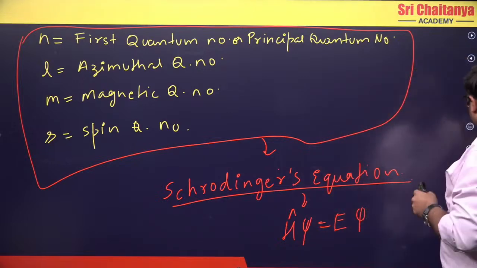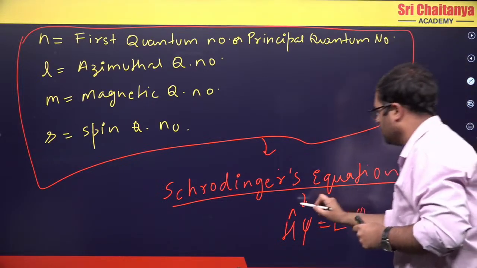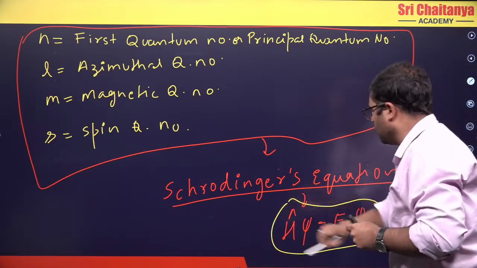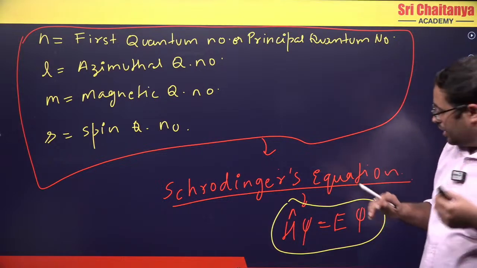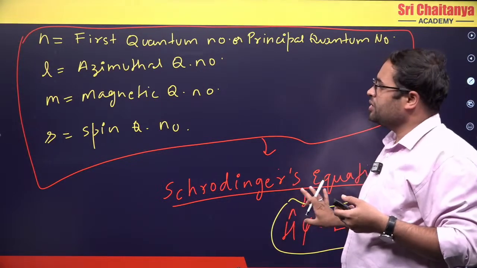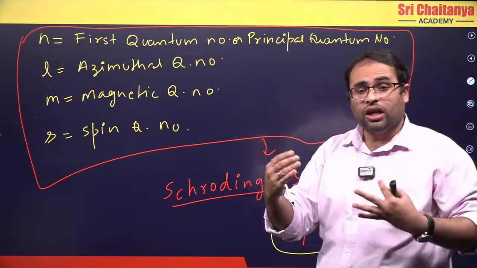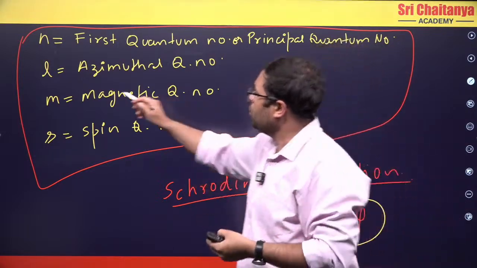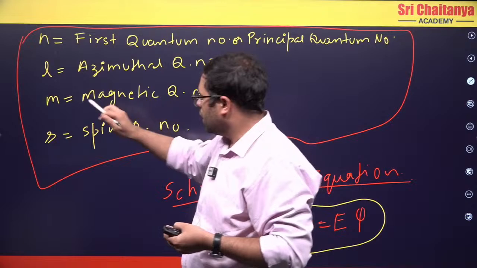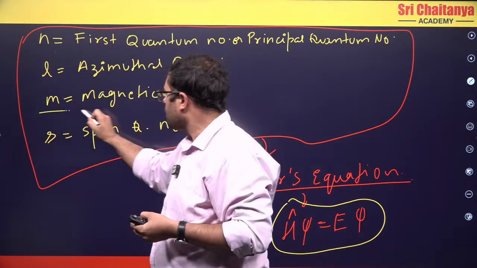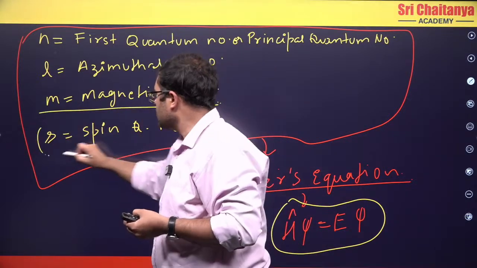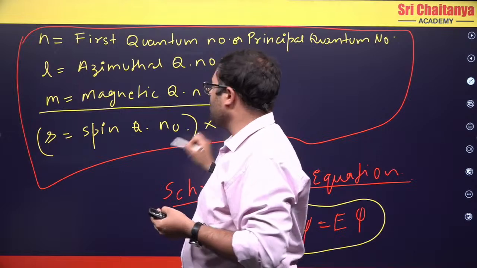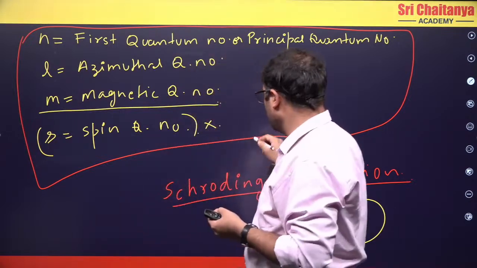Right? And if you solve this equation, during solving these equations to get the solutions, you are, by mathematics itself, forced to introduce these quantum numbers. Here till here, this does not come from Schrodinger's equation.